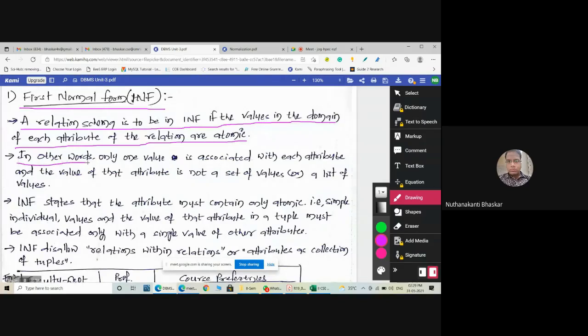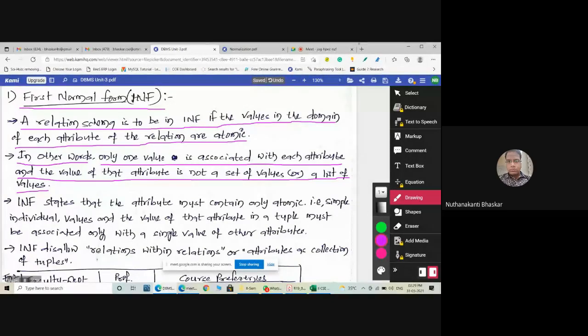In other words, only one value is associated with each attribute, and the value of that attribute is not a set of values or a list of values. That attribute contains only a single value. That is an atomic value, a single valued attribute.